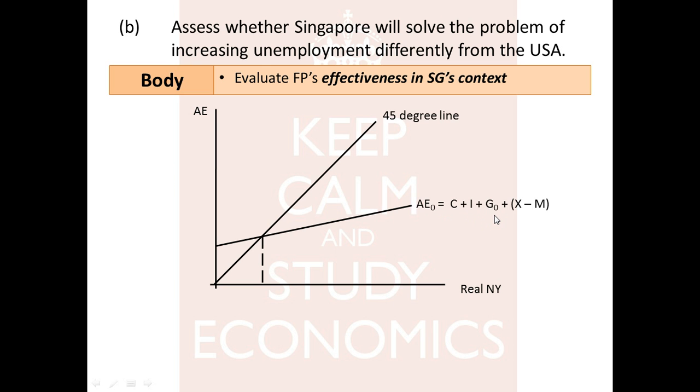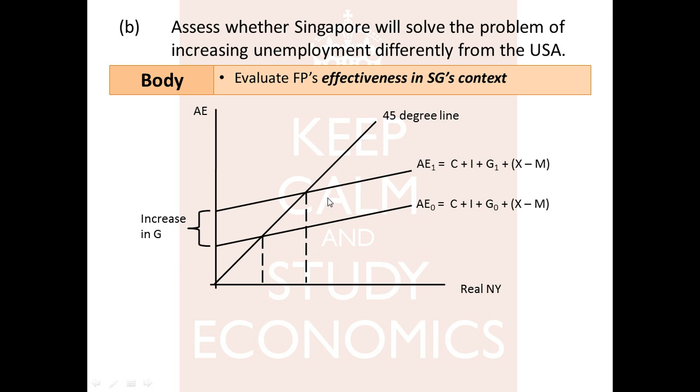This is more straightforward. So when there is an increase in G as per expansionary fiscal policy, G increases from G0 to G1, and therefore your AE increases from AE0 to AE1.